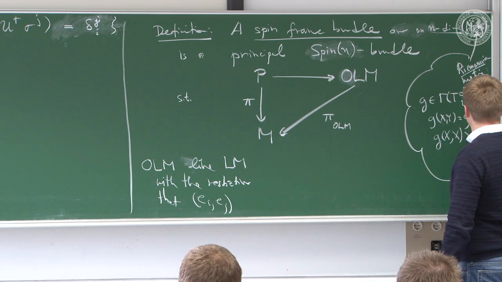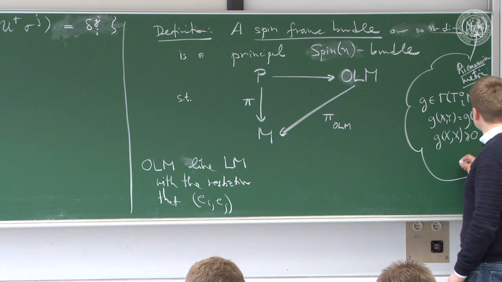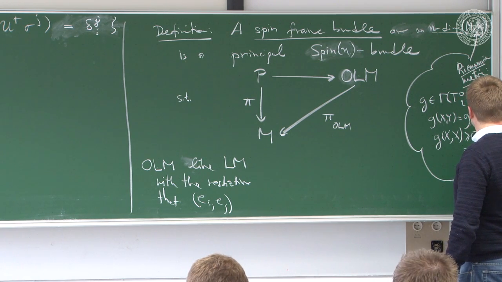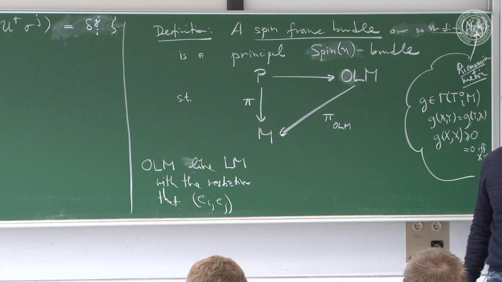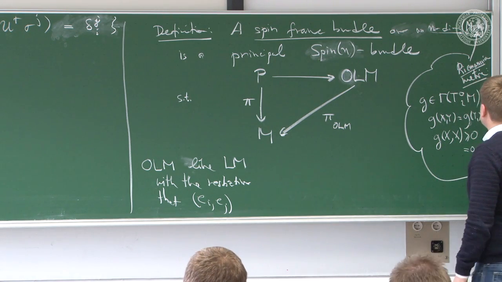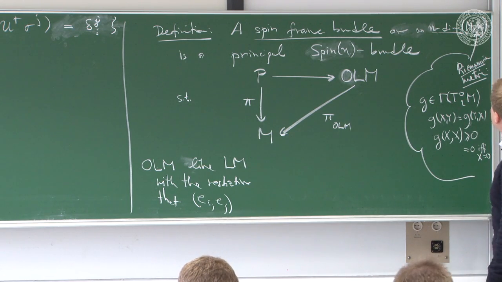That means g(X,X) is greater or equal to 0 for whatever vector field, and equal to 0 if and only if the vector field X is already 0. That's it. Okay, so that's a Riemannian metric.